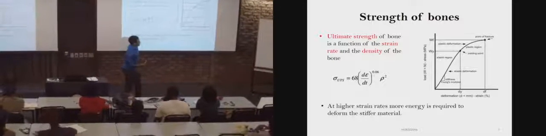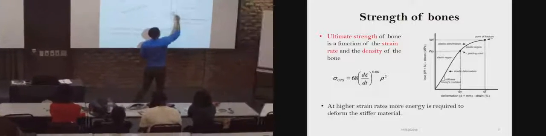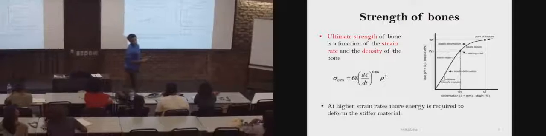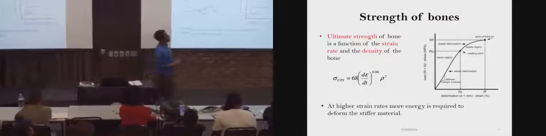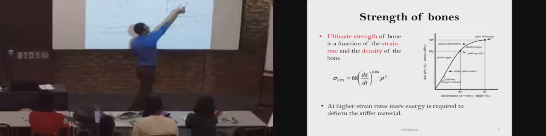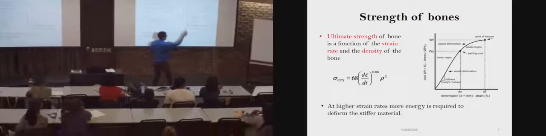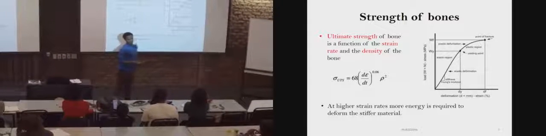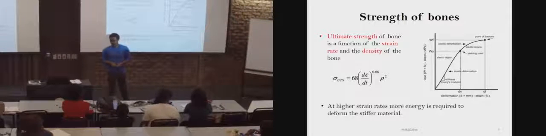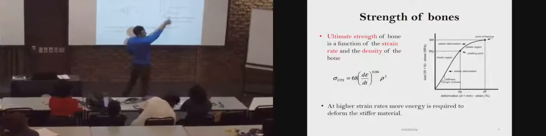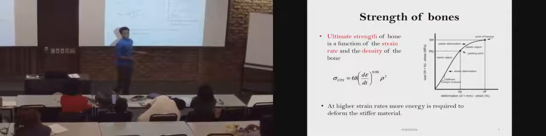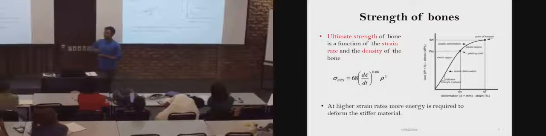For a couple of ranges, the load and deformation are linear up to some point, which is called the yielding point. And this region is called the elastic deformation region, or we call it the elastic region. In this elastic region, the bone can return to its original position after the load is taken.